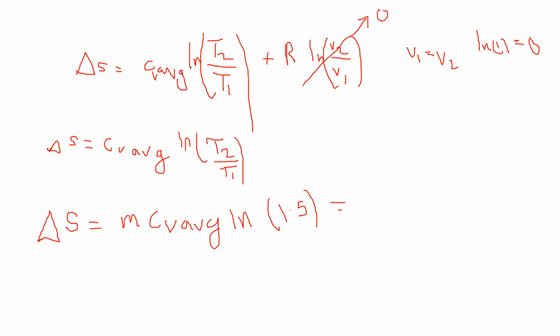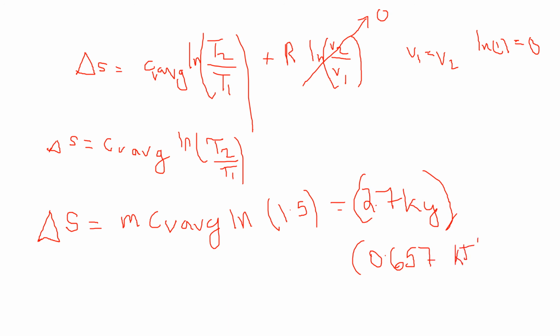If I plug in the value of mass, it is 2.7 kilogram, multiplied by Cv, which we found to be 0.657 kilojoule per kilogram Kelvin, and ln of 1.5.